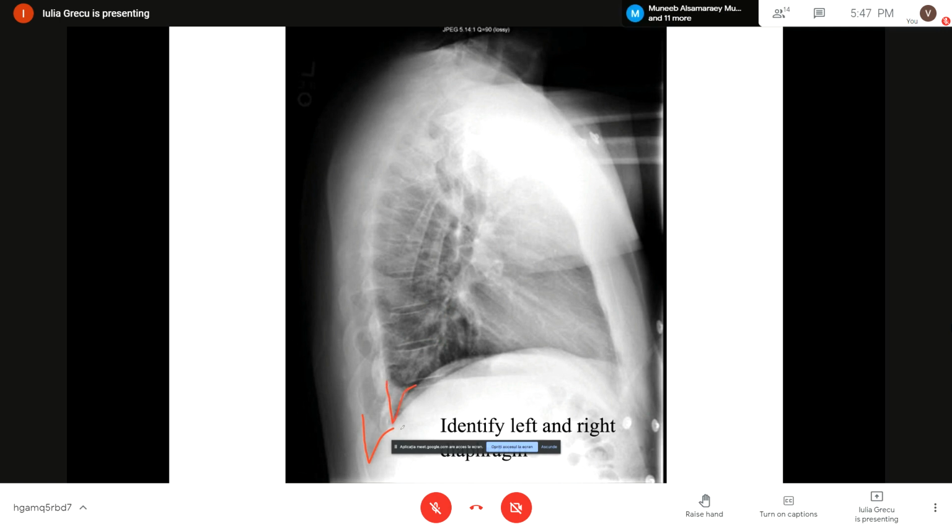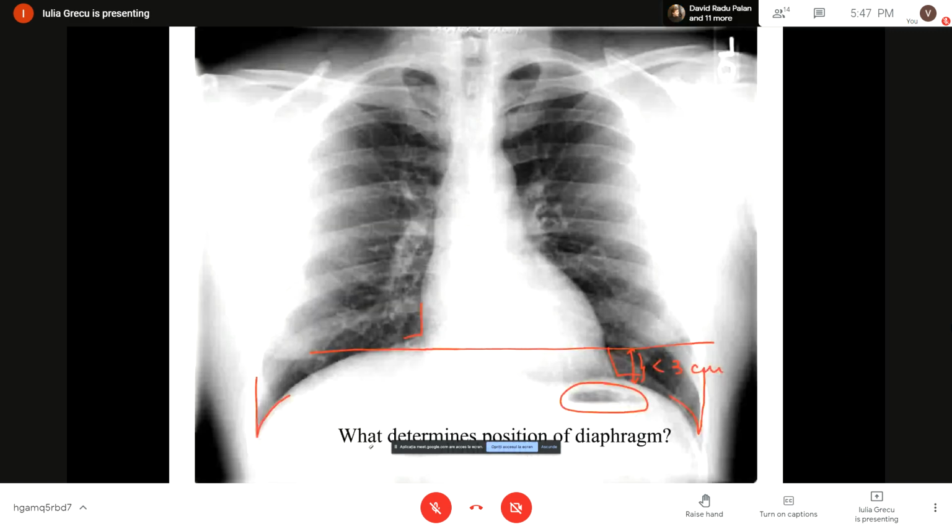This is the first region where the fluid accumulates if we deal with a pleural effusion. And it will obscure these angles here, so it is important to note them and to make sure that they have these sharp edges and they are transparent.